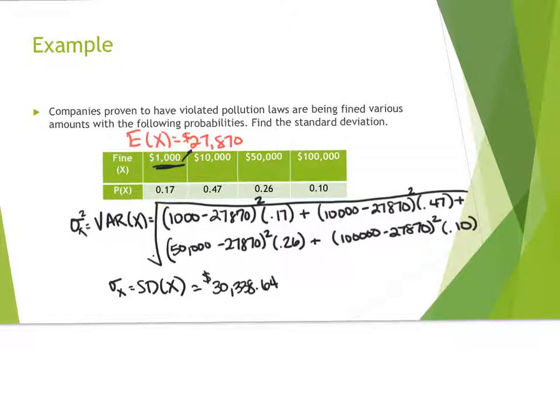So this 30,338.64 represents the average deviation away from the expected amount. And remember, our expected amount is 27,870. We're going to deviate on average by about $30,338.64. That's a very large amount that you're deviating by.